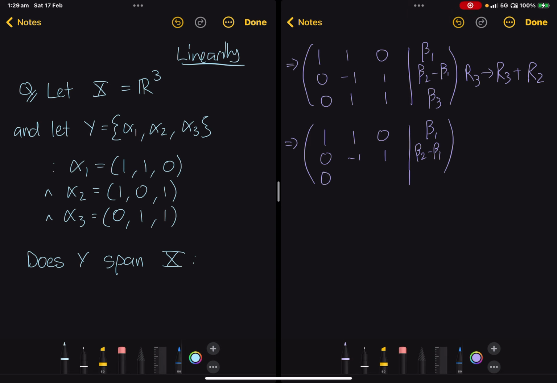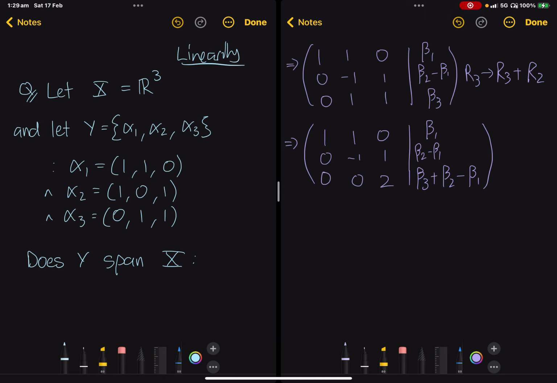So 0 plus 0 is 0, 1 plus minus 1 is 0, 1 plus 1 is 2, and beta 3 plus beta 2 minus beta 1, expanding the bracket, is beta 3 plus beta 2 minus beta 1.